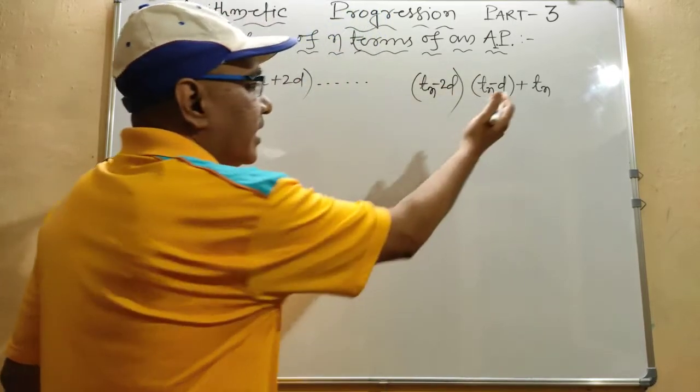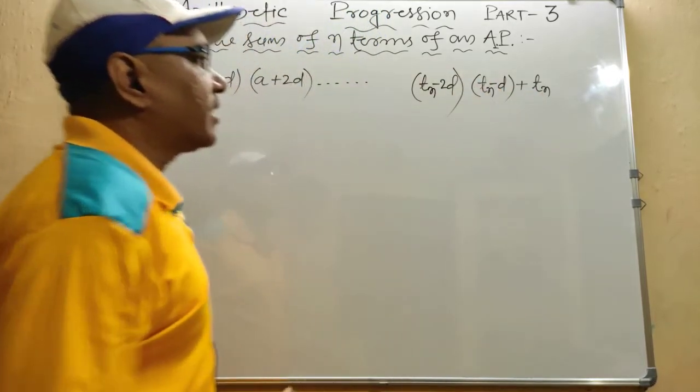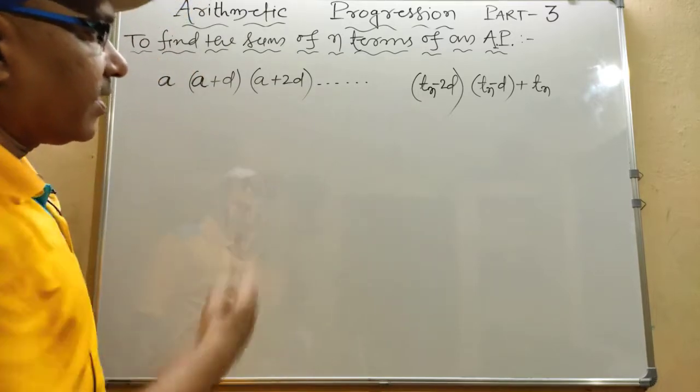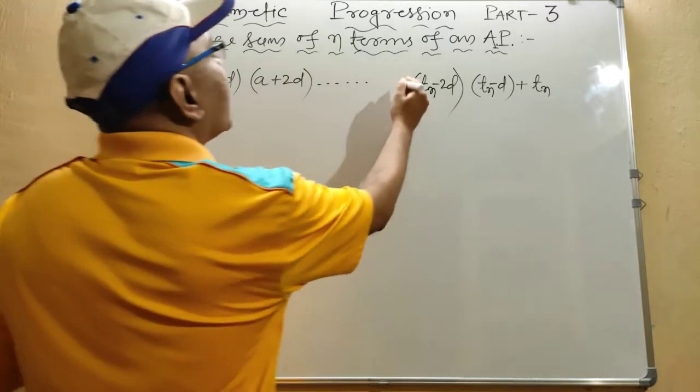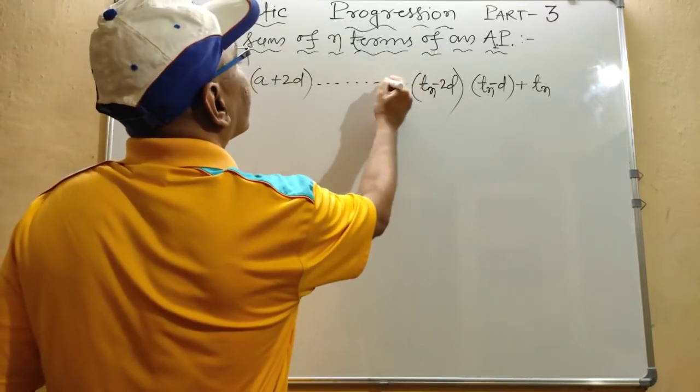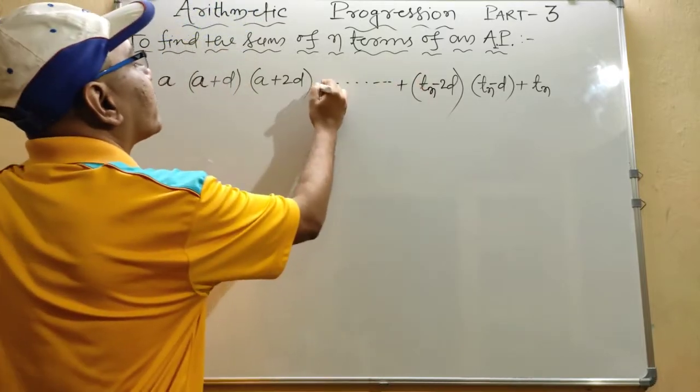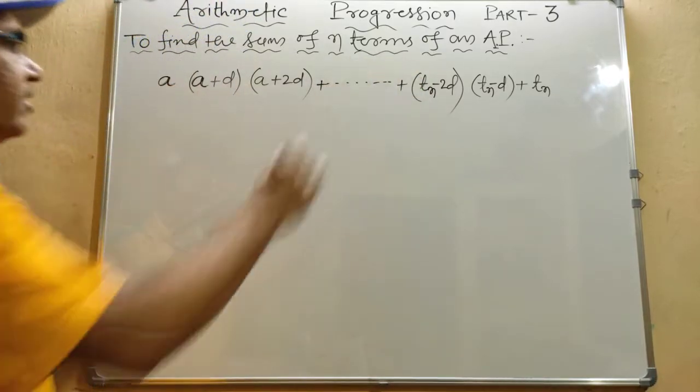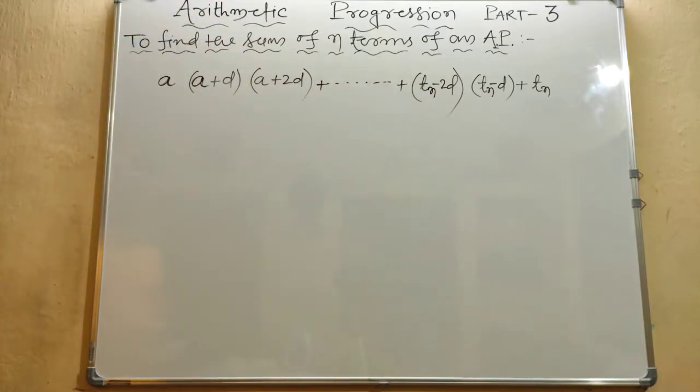Is it not? Tn, the one before it Tn minus d, before that Tn minus 2d, before that Tn minus 3d and so on. It comes from this side, and from this side, a plus d, a plus 2d, in this way. These are the n terms of an arithmetic progression.